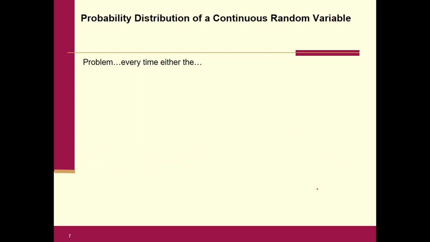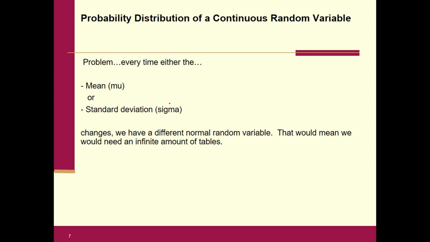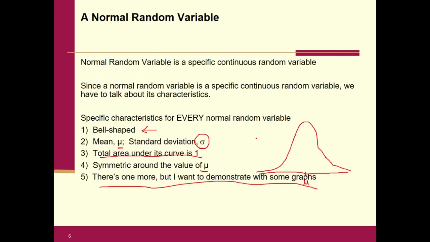So we have a bit of a problem here, and this demonstrates the unique feature of number 5. Every time either the mean changes or the standard deviation changes, we have a different normal random variable. Notice I put here a normal random variable. I didn't use the word the, I used a.